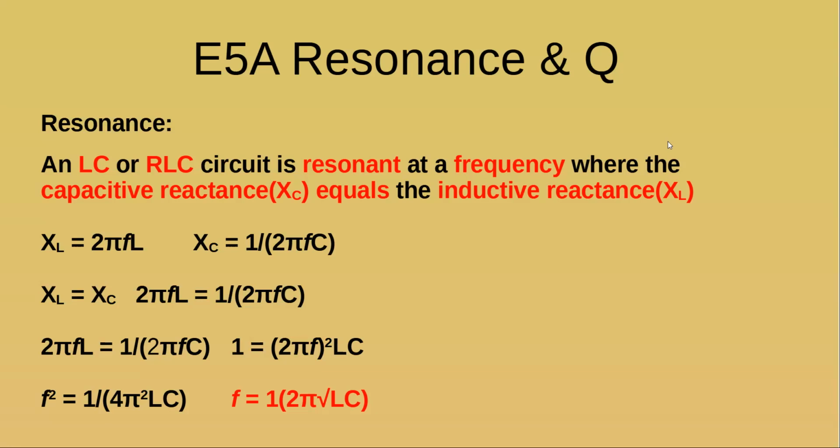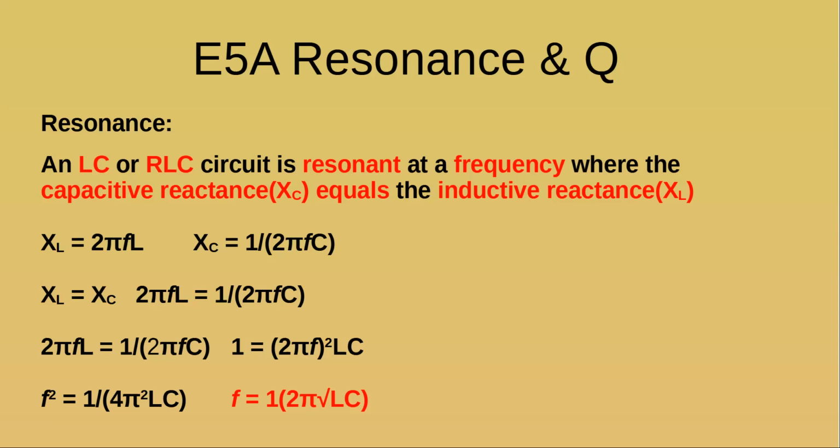Those are the formulas for inductive reactance, 2πfL. In college, I learned it as omega L. We always like to shorten things, so omega is equal to 2πf, the radian velocity. And capacitive reactance is the reciprocal, 1 over omega C. So when it's resonant, XL will equal XC.